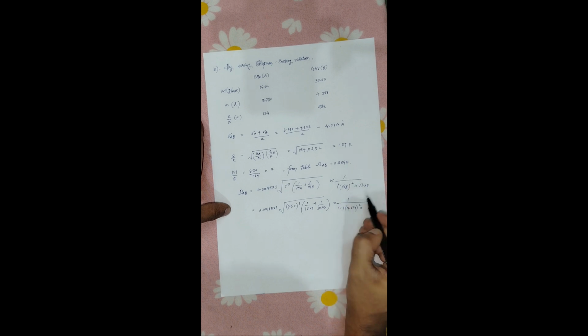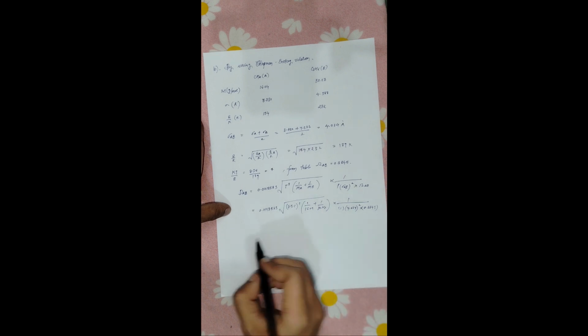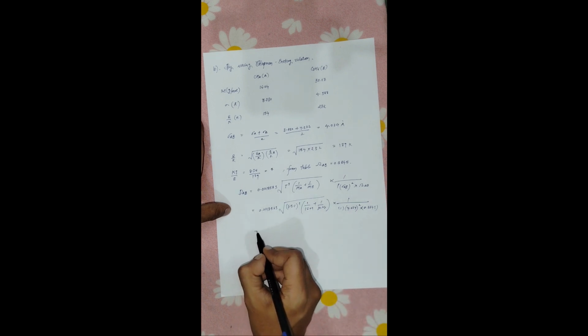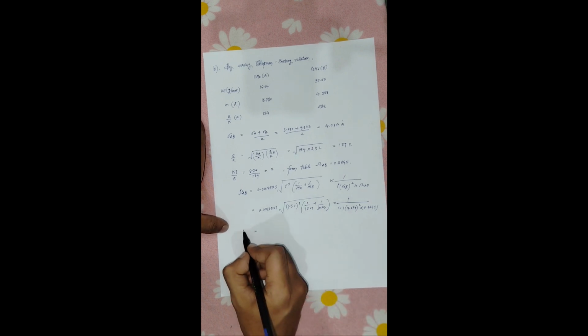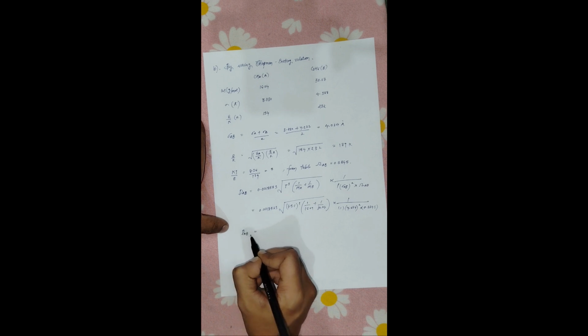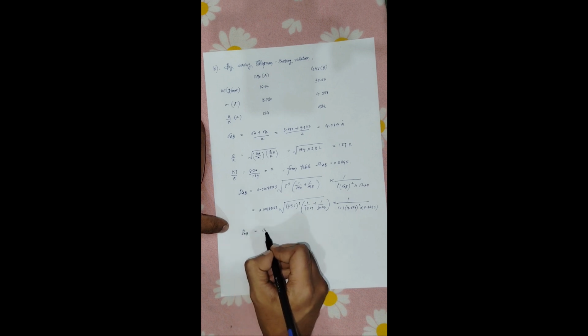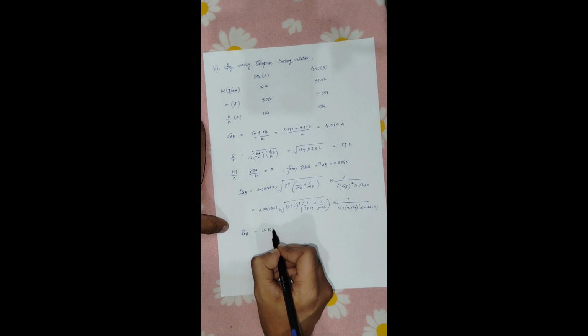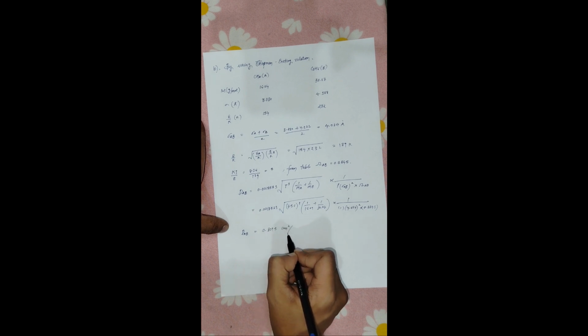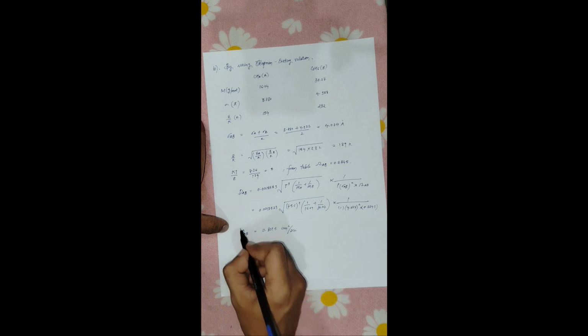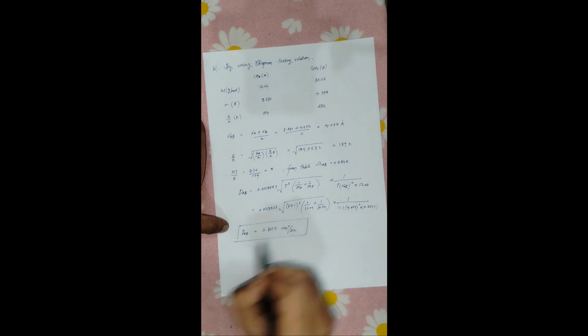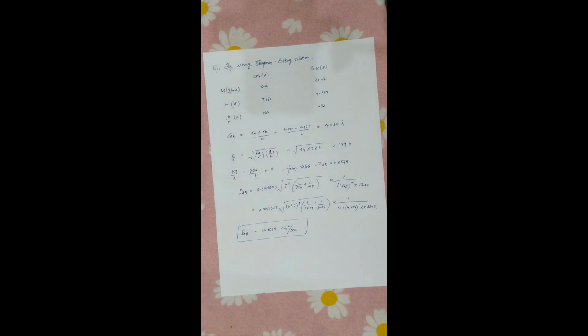The collision integral is 0.8845. After putting these values in the calculator, we get the diffusivity for the system of methane and ethane as 0.8095 centimeter square per second. So we have successfully estimated the diffusivity value for the system.